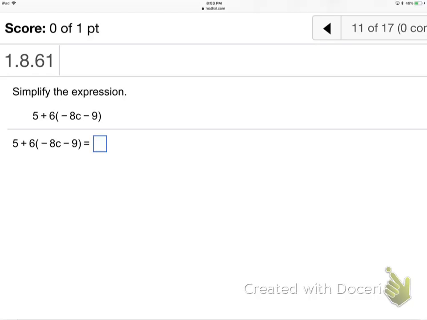Okay, so I have to raise these. All right, let's try that. So distribute that 6 through. Wait, you made me double think now. So 6 is going to multiply both of them, right?